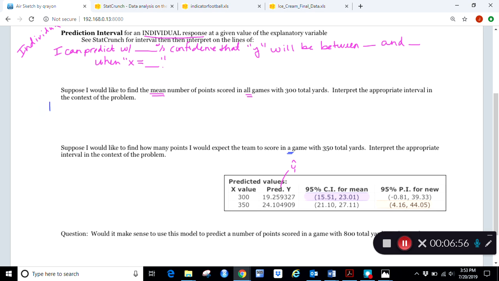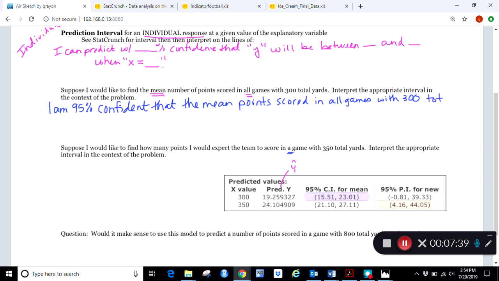So I can say that I am, and it says it's 95% confident that the mean points scored in all games with 300 total yards is between, and now let's look at these numbers.